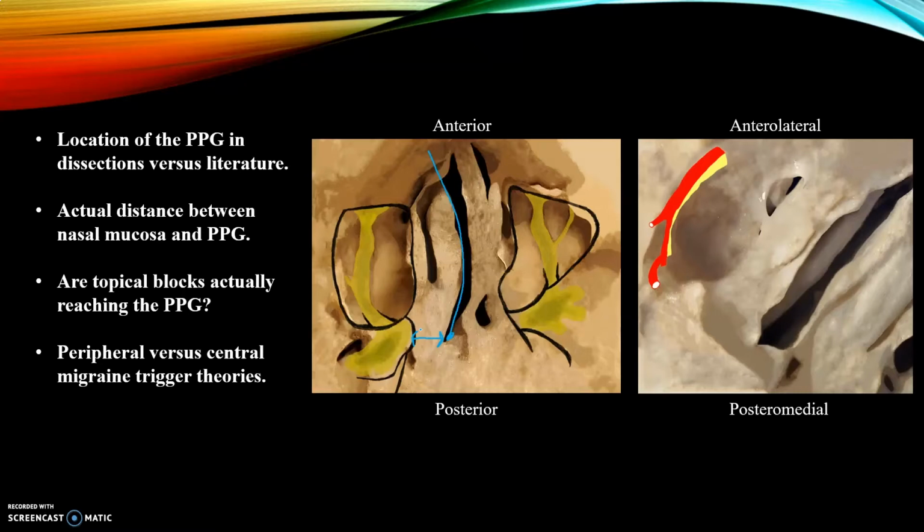So a lot farther than originally thought, and this is important specifically for topical application because the hypothesized maximum distance of diffusion for lidocaine, for instance, is only thought to be about 1 millimeter. So if your distance is far greater than that, the chances that your numbing solution is actually getting into the ganglion itself are pretty low.